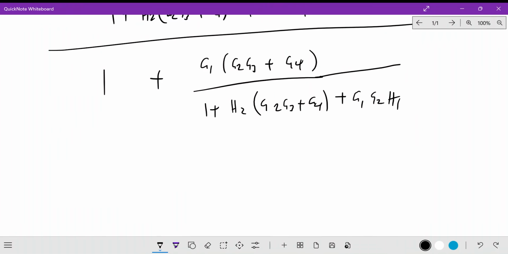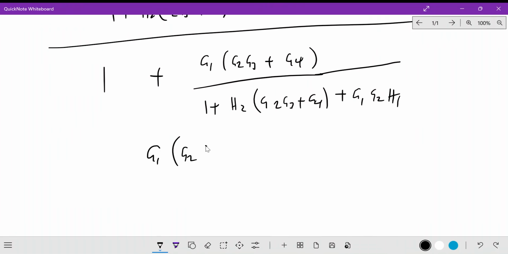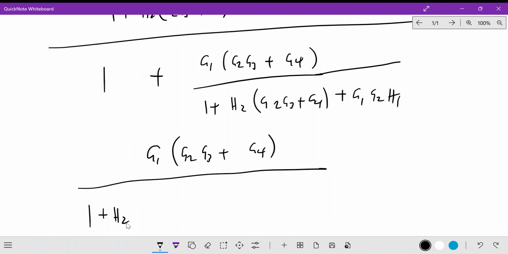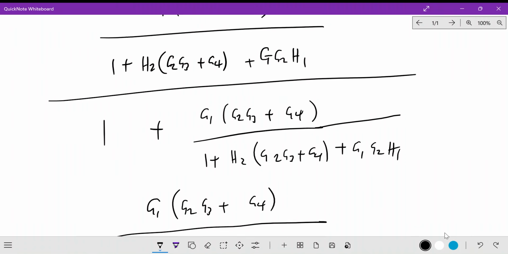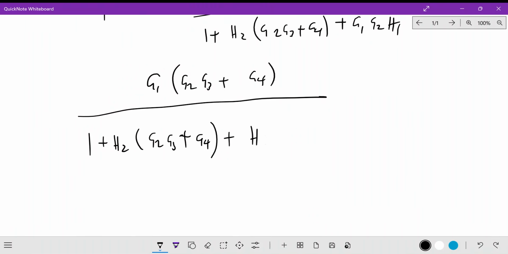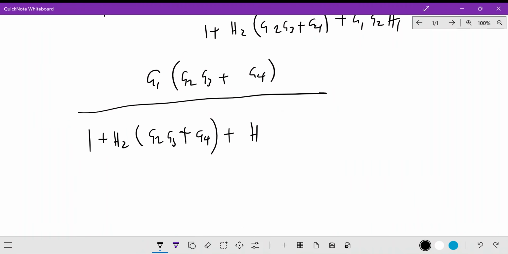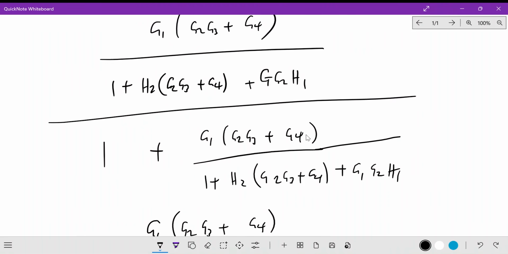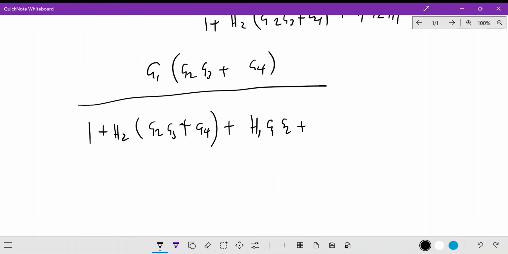If you do that, what you're going to remain with is G1 G2 (G3 plus G4) on top, and in the denominator you're going to have 1 plus H2 multiplied by G2 (G3 plus G4), and then plus H1 G1 G2, and then plus the same thing again, which is G1 multiplied by G2 (G3 plus G4).